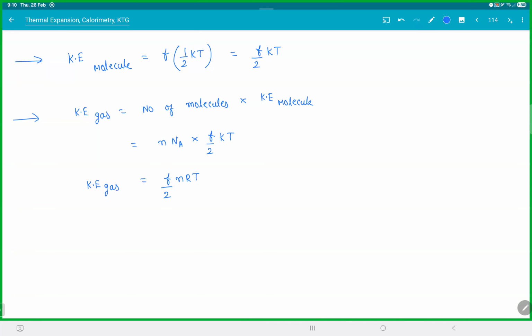So be careful. Kinetic energy of a molecule is different. Kinetic energy of a gas is different. So what is the internal energy of a gas? This is the thing for thermodynamics, basically. Internal energy is nothing but kinetic energy plus potential energy. But we take potential energy as 0 because there is no interaction in an ideal gas.